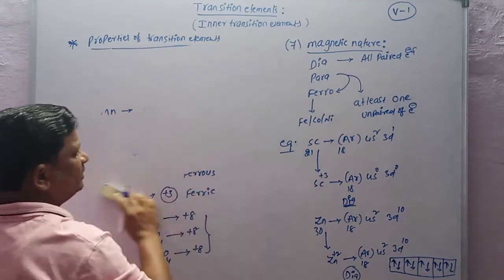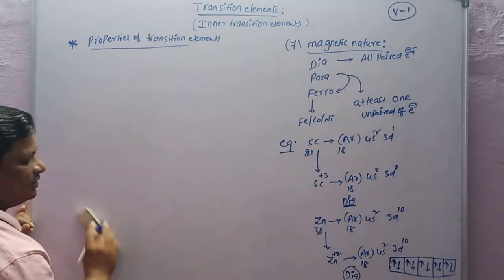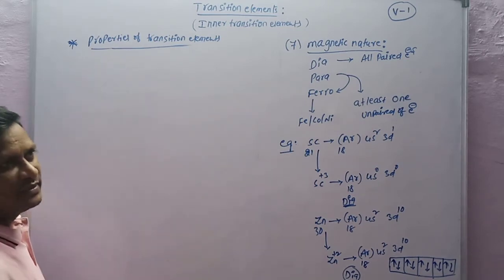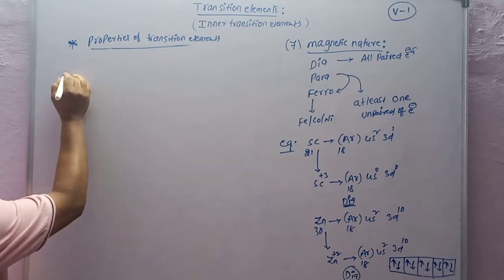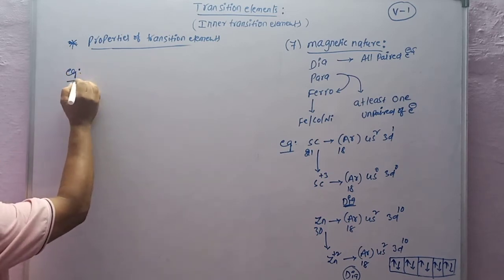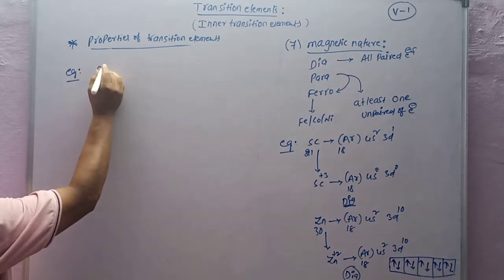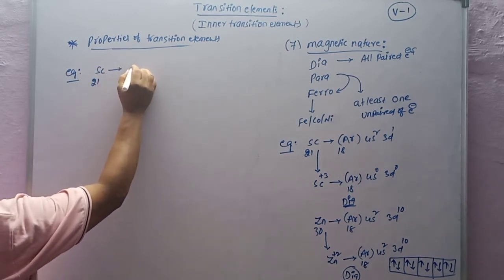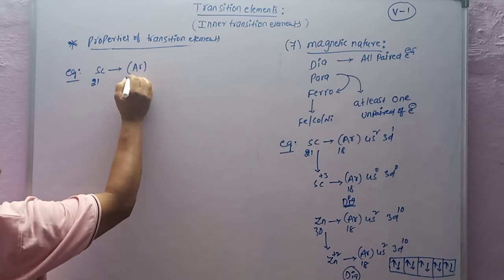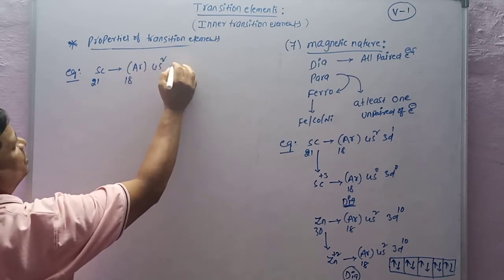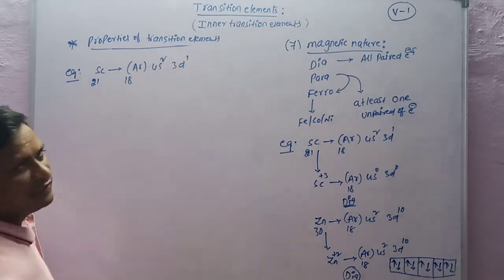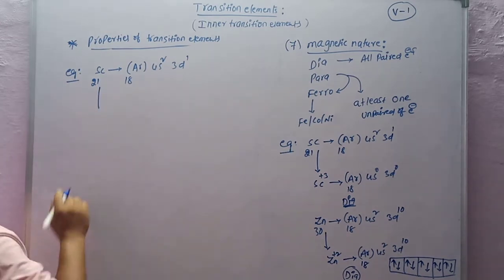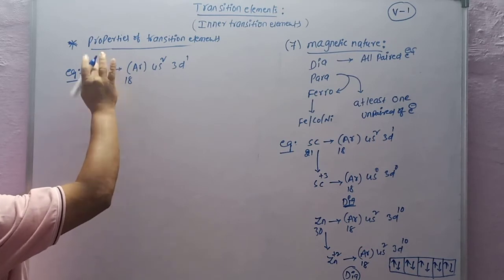If even one unpaired electron is present, it is a paramagnetic substance.